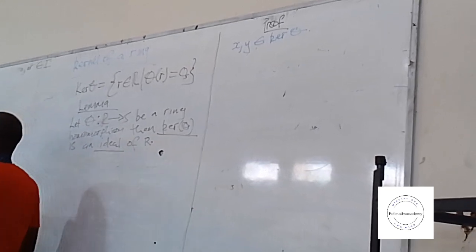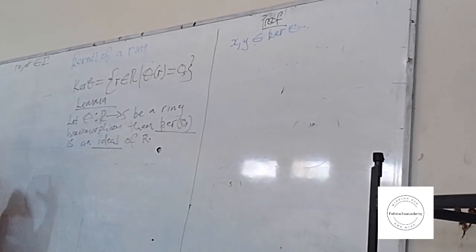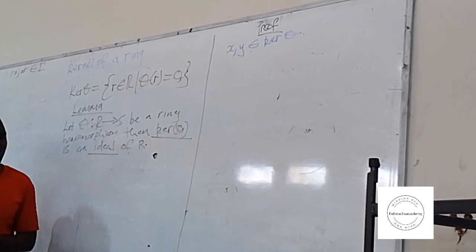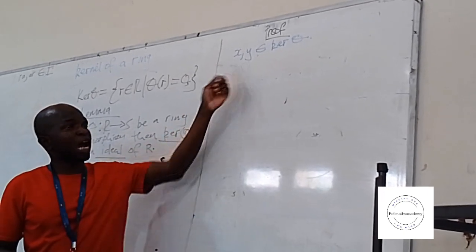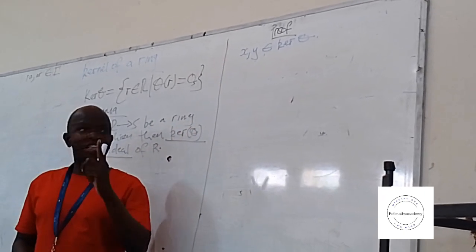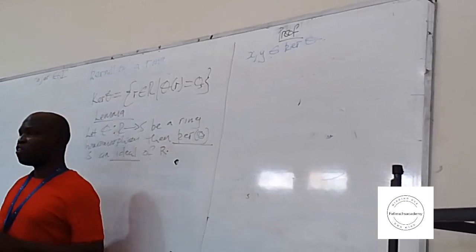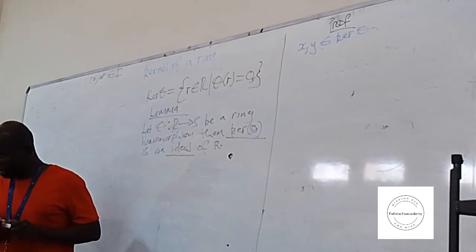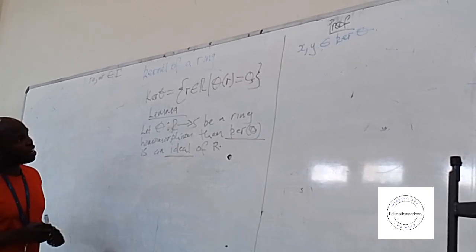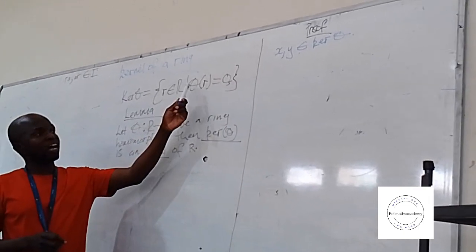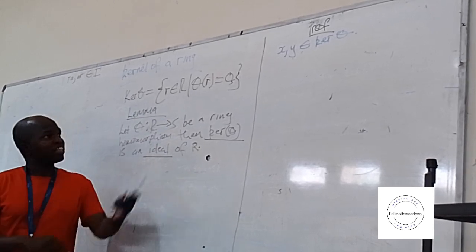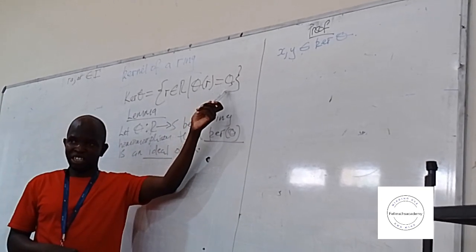We are borrowing two members from the first ring R, two abstract members x and y, and suppose they are elements of the kernel of theta. So, what does it mean? By definition, we are saying theta of r, where r is a member of the ring R, is equal to the identity of S.